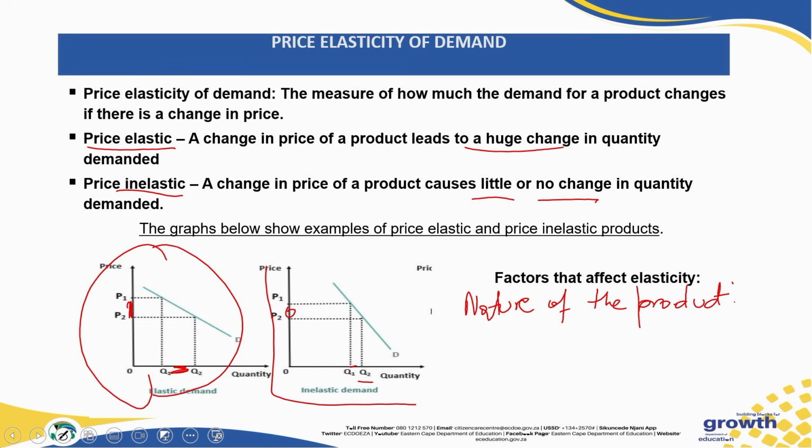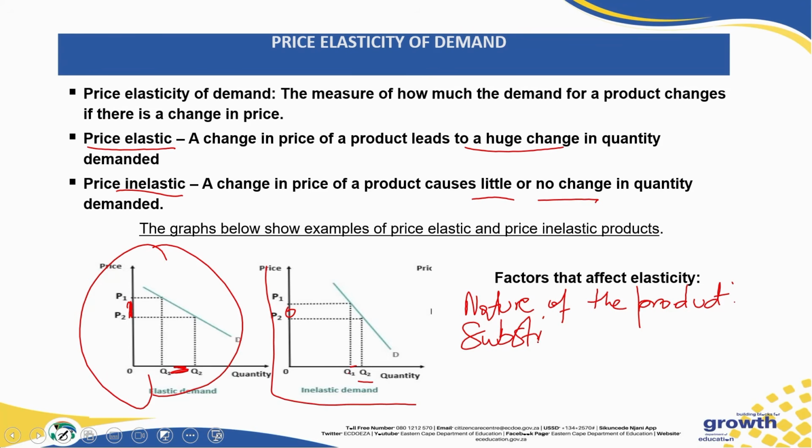Let's talk about eggs. The price of eggs has increased and many consumers decide to stop buying eggs. And then the price of maize meal or rice or bread changes, but consumers continue to buy the product, meaning there's a difference now between a luxury product and a necessity product.